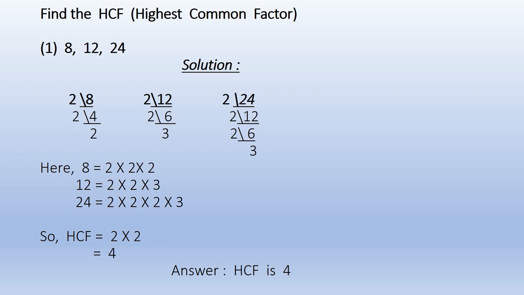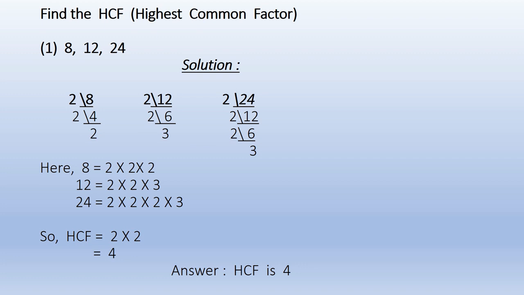Now students, we will find the HCF, highest common factor. Our given numbers are 8, 12, 24. 8 is an even number, so we can divide by 2. After getting 4, again we divide by 2, then we get 2. That means 2 is a prime number.